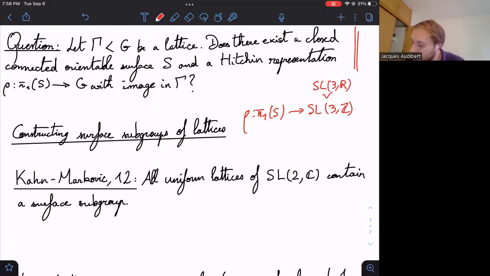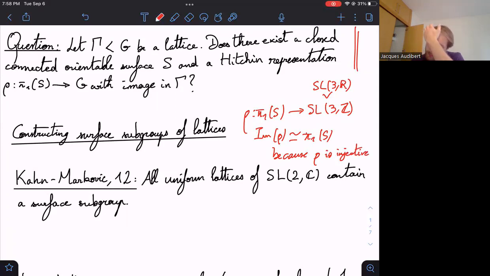If we have such a representation, then the image of rho is a subgroup that is isomorphic to pi_1 of S because rho is injective. That's a theorem I stated in part one. So since we are talking about injective representations, the image will always be a surface group. And we are thus constructing surface groups in lattices.